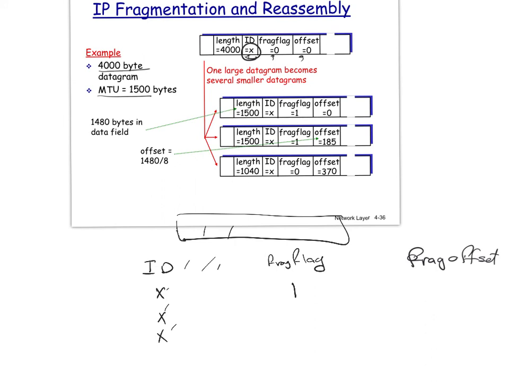So if the flag is 1, this means that this is not the end fragment. There are more coming. And this one is also not the end fragment. This one is the end fragment. So once I get 0, that's an indication for the end system, not the intermediate router, to say, okay, the flag is 0. Let me see how many fragments I have gotten so far.